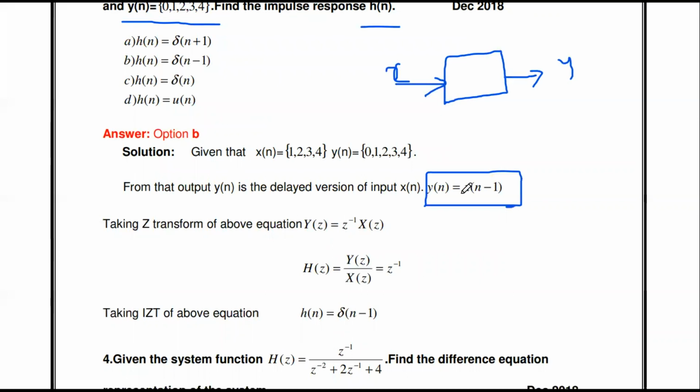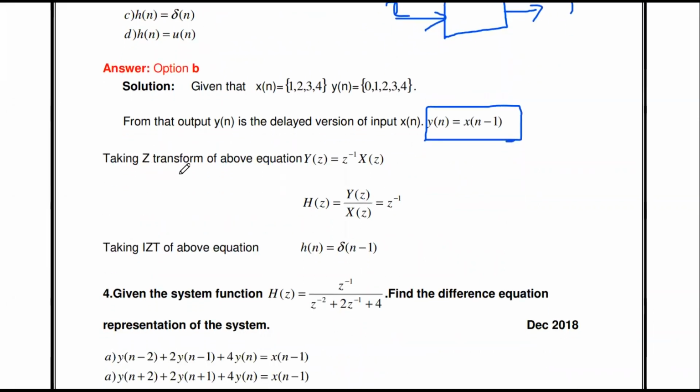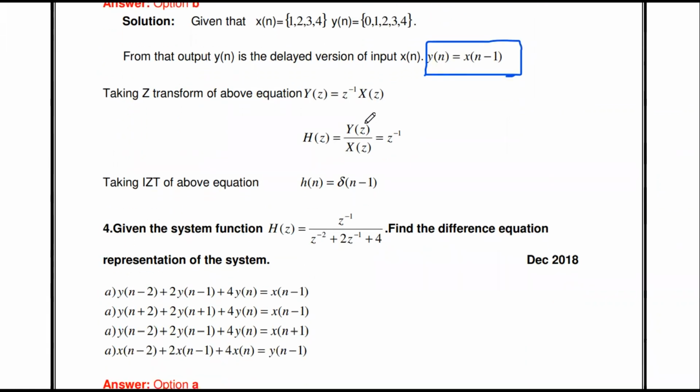For this equation, we apply the Z transform. What is the Z transform of y of n? Capital Y of z. What is the Z transform of x of n minus 1? Z power minus 1 into X of z. Rearranging, what is the ratio Y of z divided by X of z? It is the transfer function H of z.